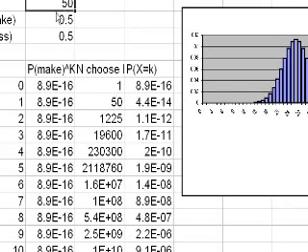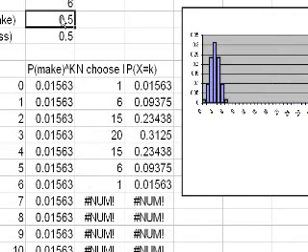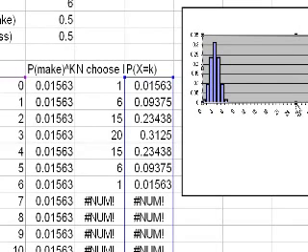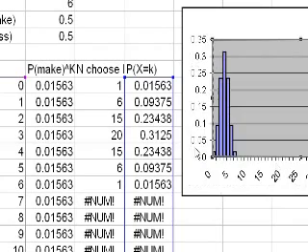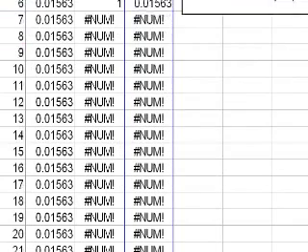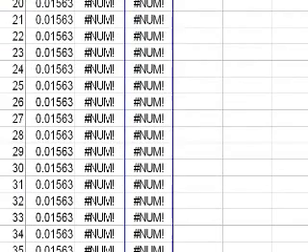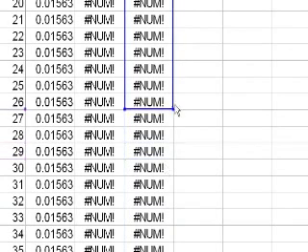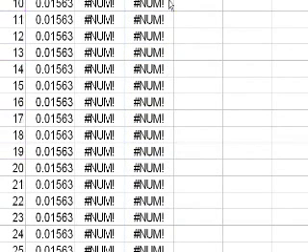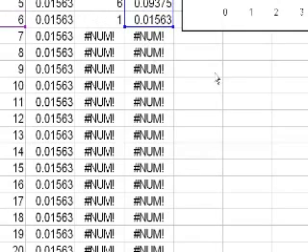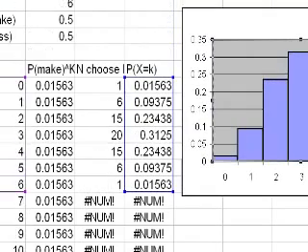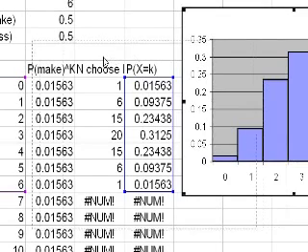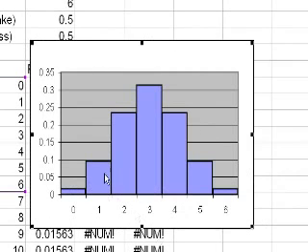I want to make n 6 trials, probability of heads 0.5, and then I need to change the inputs of this chart. Okay, there you go. So this is the probability distribution for what I just described.